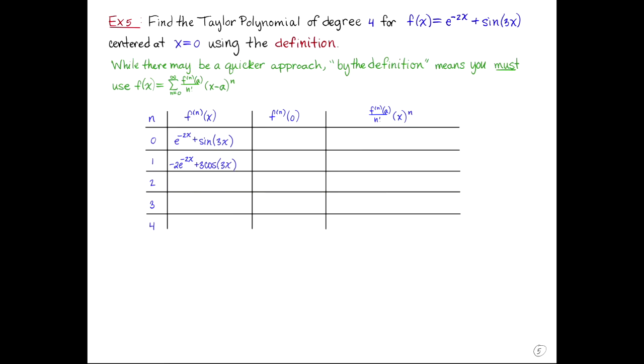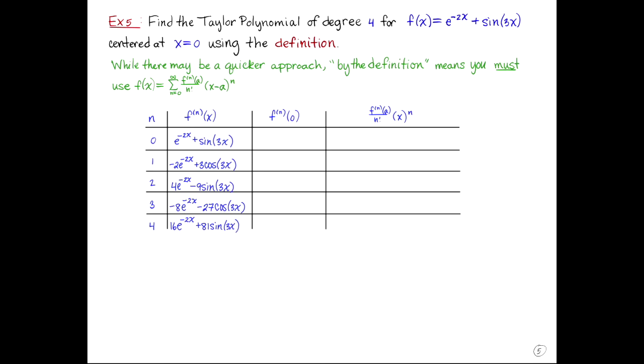Our second derivative is 4e to the negative 2x minus 9 sine of 3x. Our third derivative is negative 8e to the negative 2x minus 27 cosine of 3x. Our fourth derivative is 16e to the negative 2x plus 81 sine of 3x.